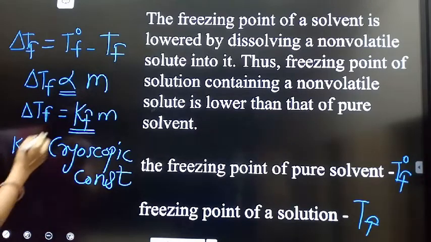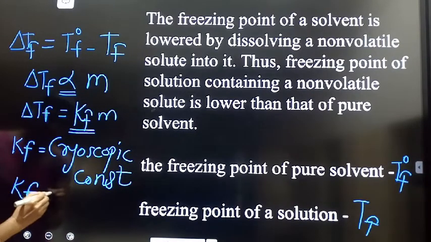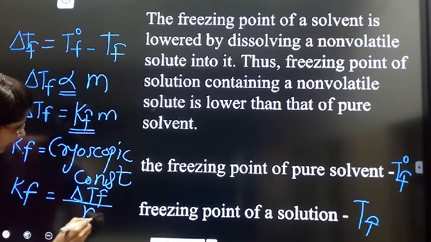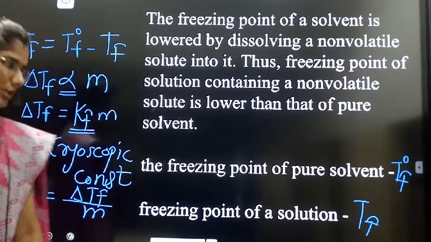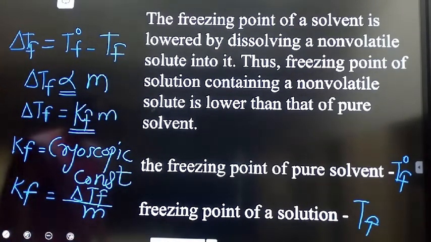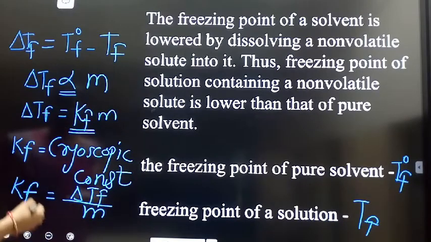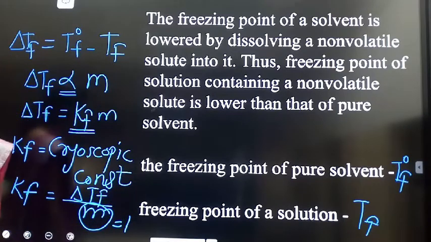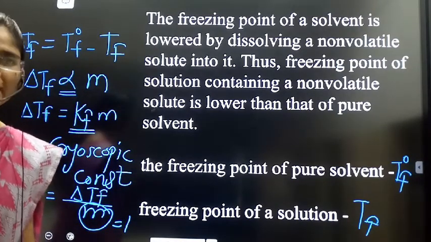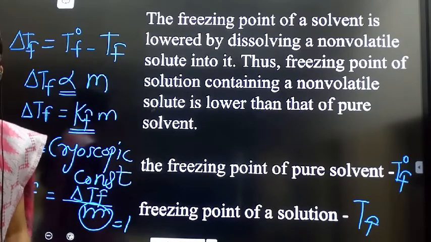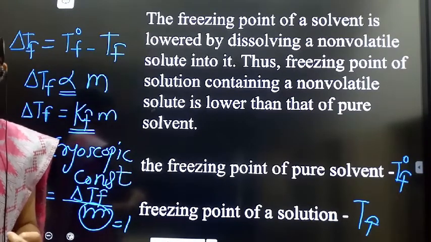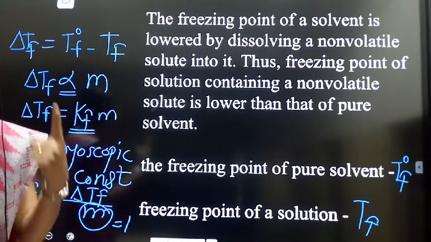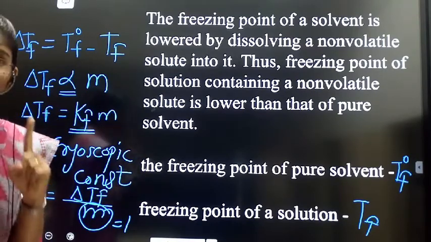And what is the value of Kf? Kf is equal to delta TF divided by m. If the molality m is equal to 1, that means 1 mole of a solute is present in 1 kilogram mass of the solvent, then that solution is called a molal solution having molality 1.